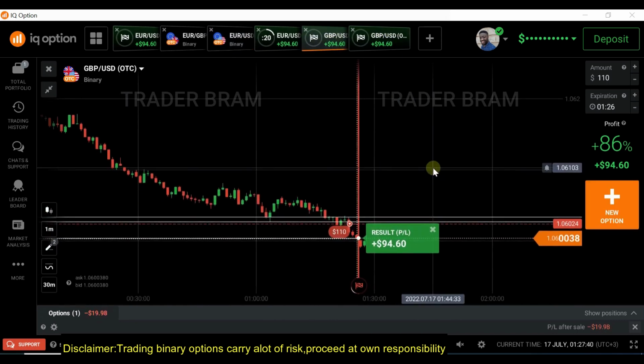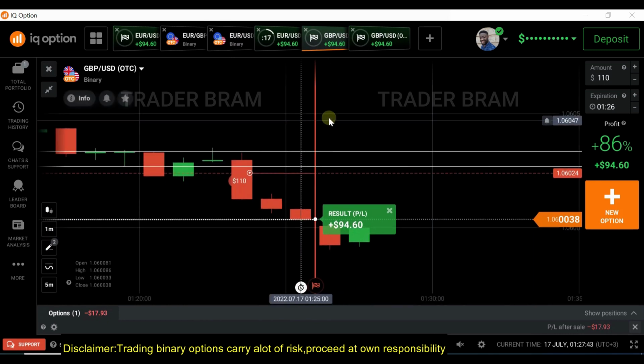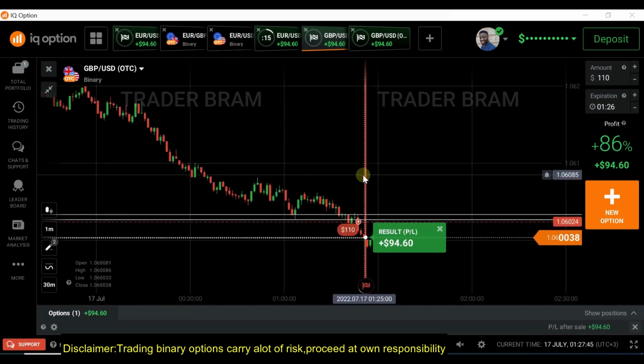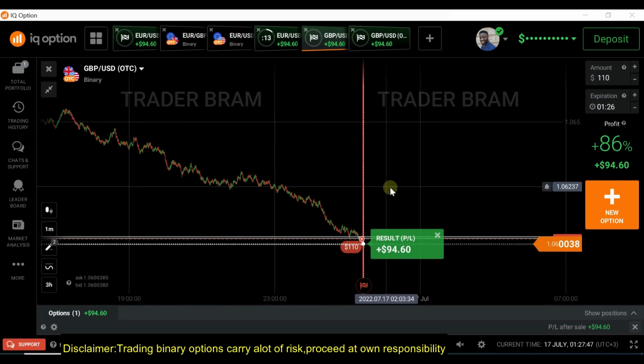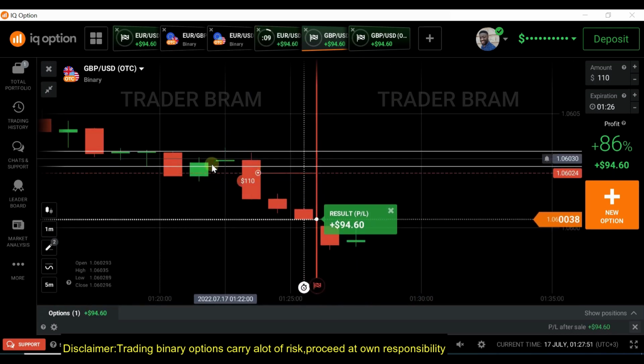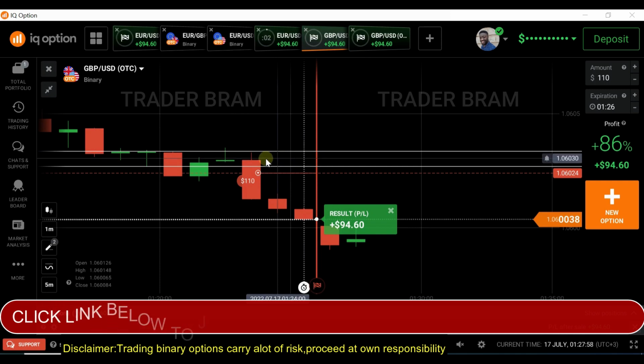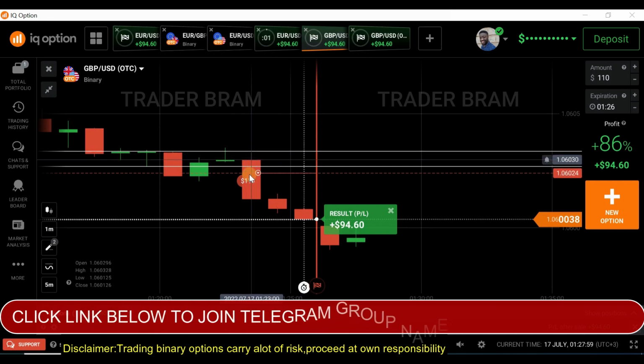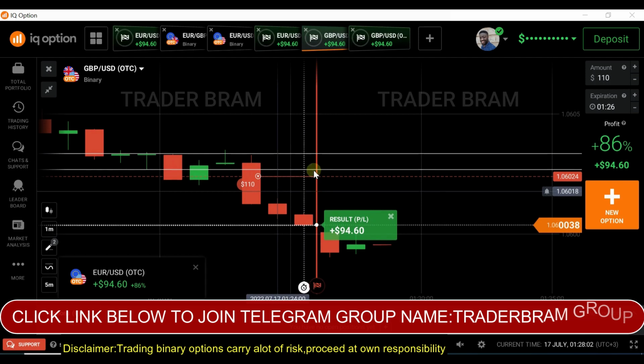This other trade, I did a put option, because this is a very strong downward movement. We broke our area of support and resistance. This is the level that we expected the market to reverse from. So when we broke this area, I understood that the market will move more down.